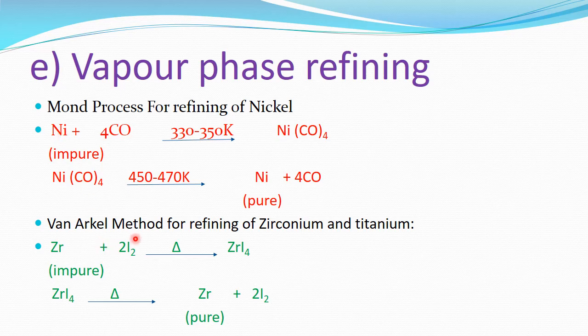Next is the Van Arkel method. Van Arkel method is a kind of vapor phase refining, used for refining of zirconium and titanium.